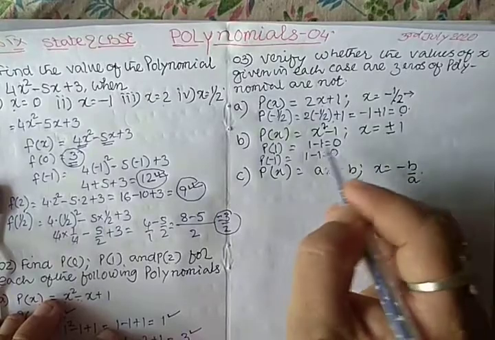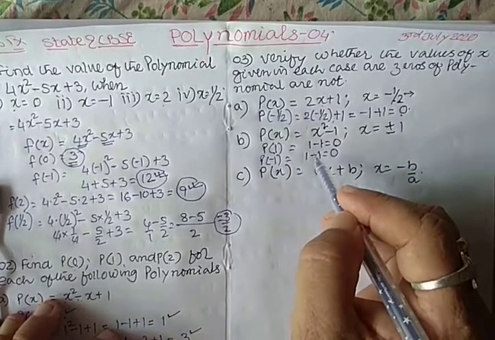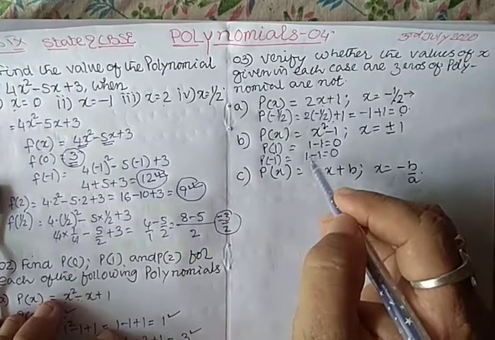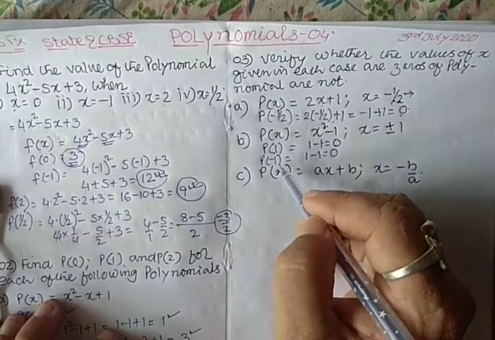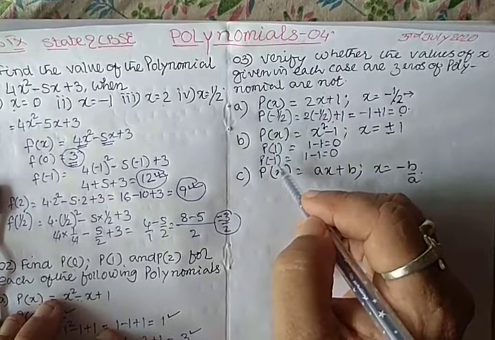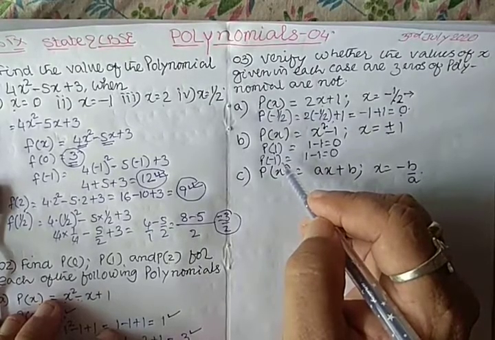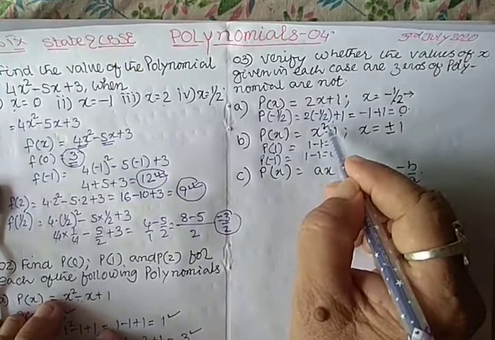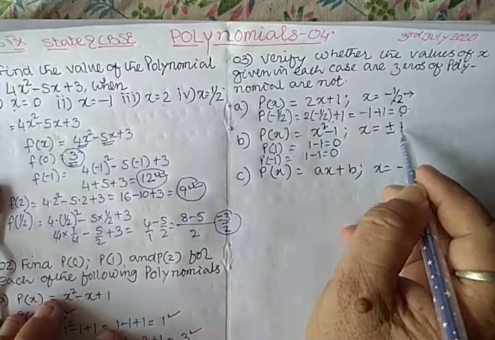That means though you take the value of x as plus 1, you get x square minus 1 is equal to 0. Though you take the value of x as minus 1, you get x square minus 1 is equal to 0. So here, when we have degree 2, you got two roots.